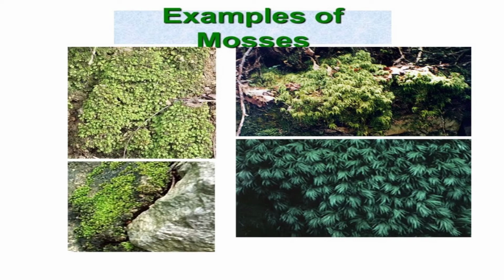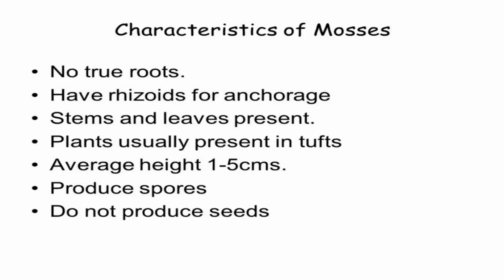So this is the example of mosses which is in front of you in the diagram, and the characteristics of these mosses are: number one, having no true roots. Second, it has rhizoids for anchorage.